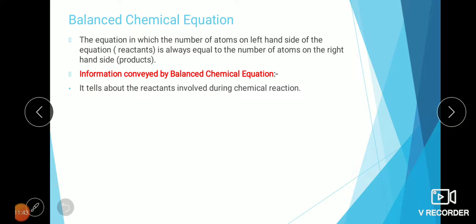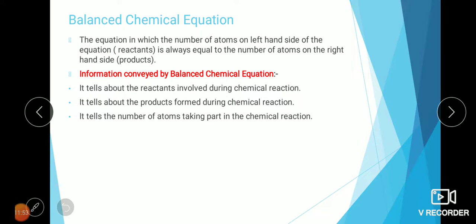From the product side, we have NaCl, that is salt, and water. It tells about the products formed during the chemical reaction. It tells the number of atoms taking part in a chemical reaction. You can clearly see that I had one sodium, one oxygen, two hydrogen, and one chlorine in the reactants, as well as the same number of atoms of these respective elements on the product side.